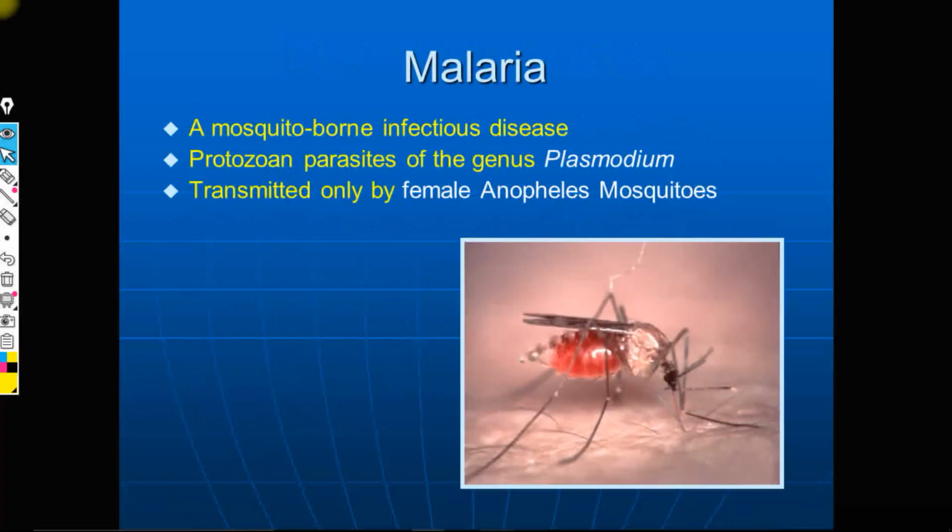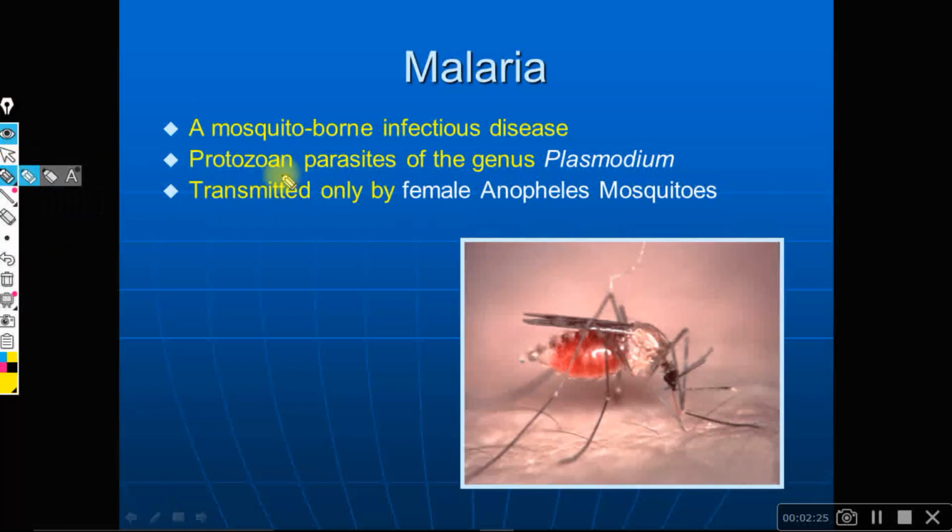Okay, so let's start with the introduction. Definitely you all know that it is a mosquito-borne disease, right? So it's an infectious disease, right, and it's one of the most infectious diseases, which you can find out from the epidemics.